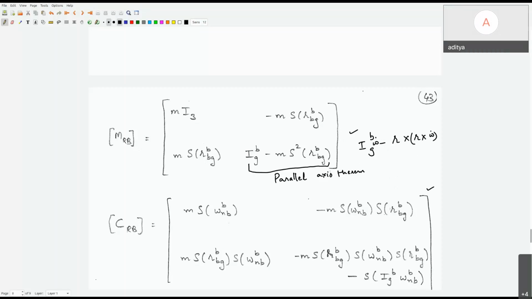You are thinking why it is not plus m r squared omega, right? Yes. That is in the scalar case, but here it is in the vector form. So these are vector cross products. That is why you see the difference. But if you interchange the order, you will see that the minus sign disappears here.